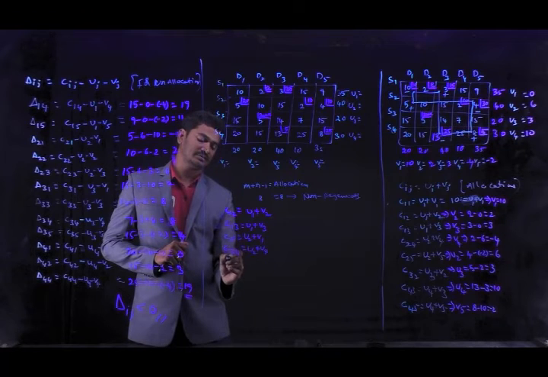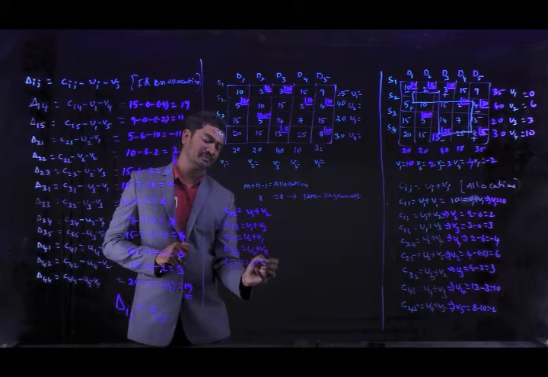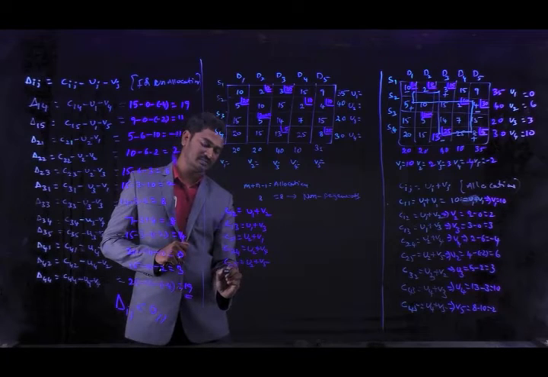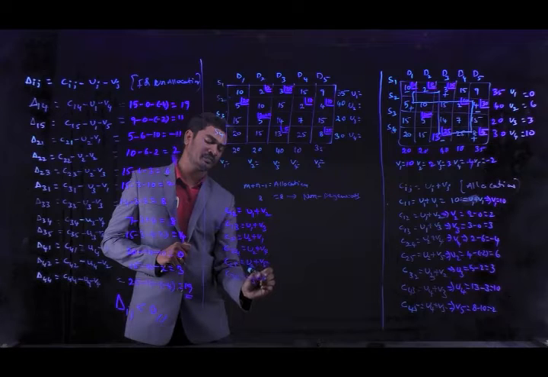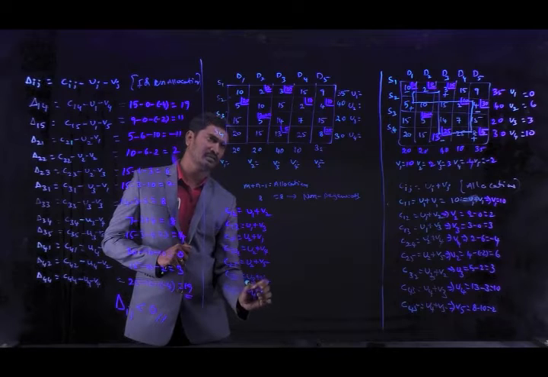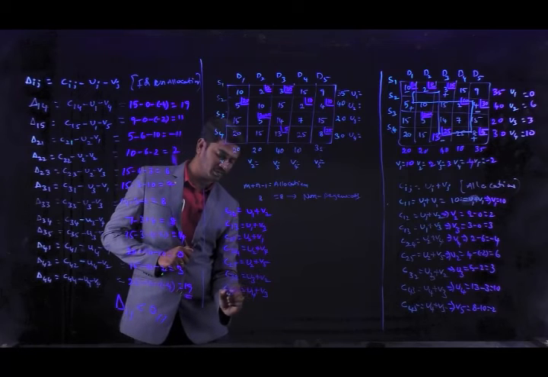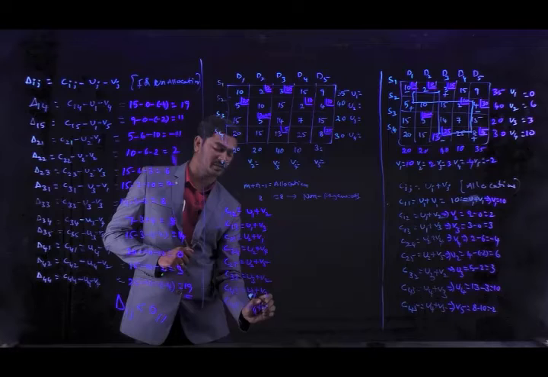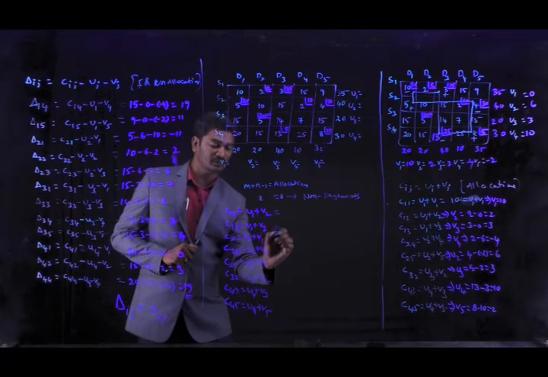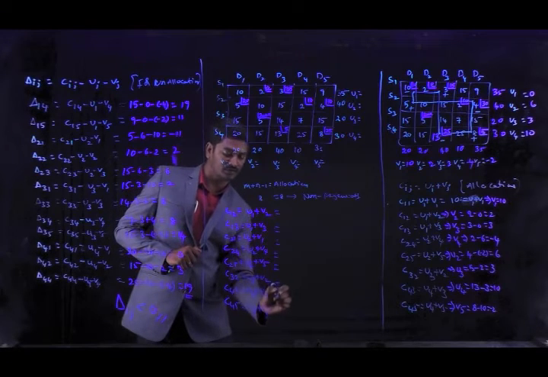Next C25, that is equal to U2 plus V5. Next C32, that is equal to U3 plus V2. Next C43, that is equal to U4 plus V3. Next C45, that is equal to U4 plus V5. Okay, from this we are going to get the shadow prices.